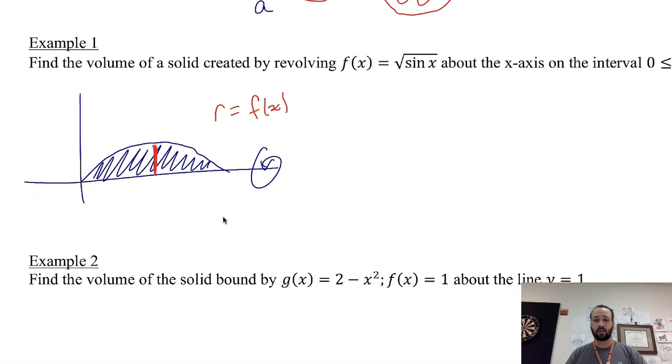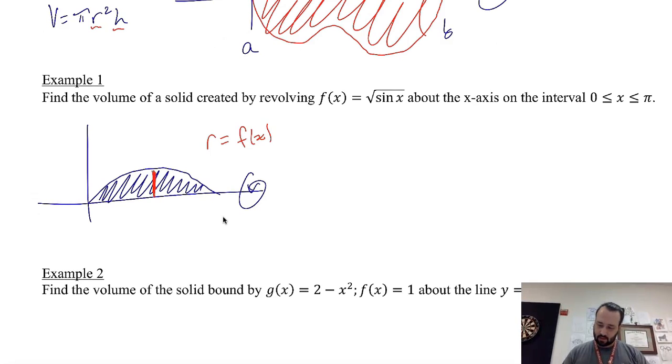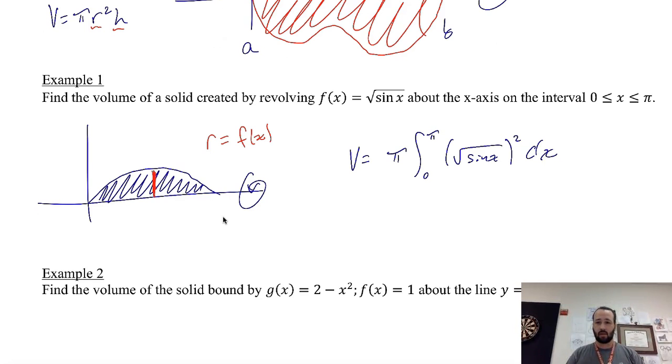If it helps you to notate that as well, notate that. On the x-axis from 0 to pi, my volume would be pi times the integral from 0 to pi of my function squared, so the square root of sine of x, squared, dx. That would be your volume.